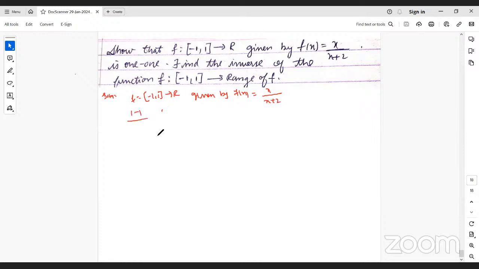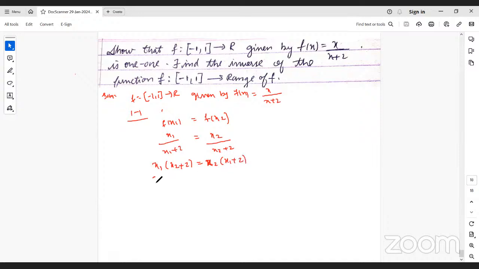To check it is 1-1, we are considering f of x1 is equal to f of x2. So f of x1 will be x1 divided by x1 plus 2 is equal to x2 divided by x2 plus 2. Cross multiply. So when we cross multiply, we get x1 into x2 plus 2 is equal to x2 into x1 plus 2.